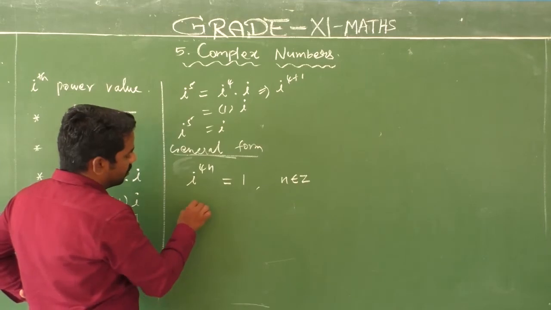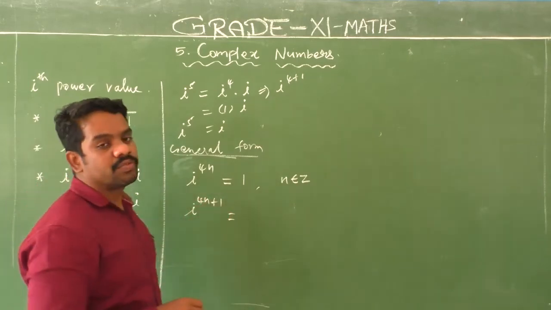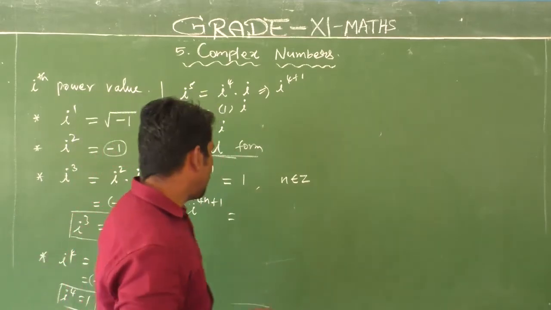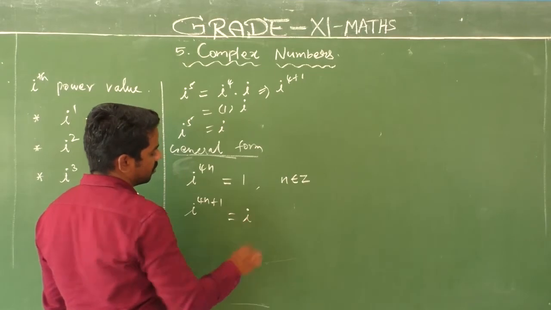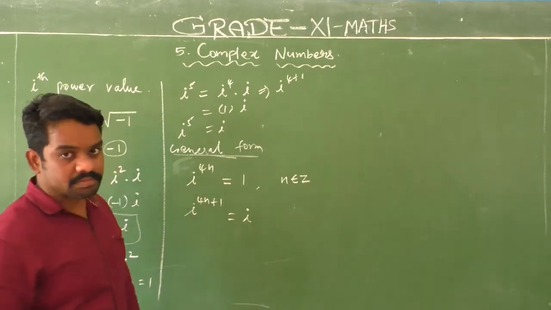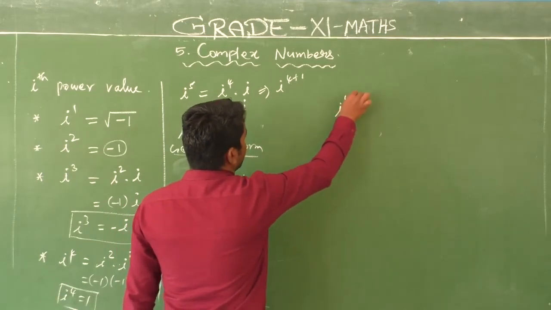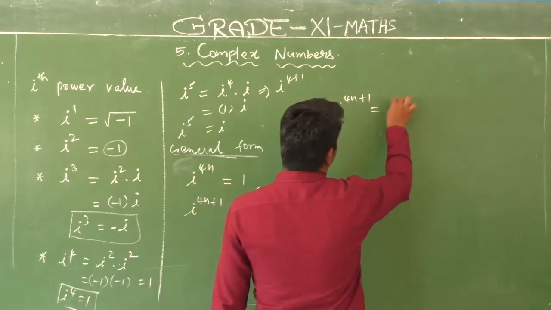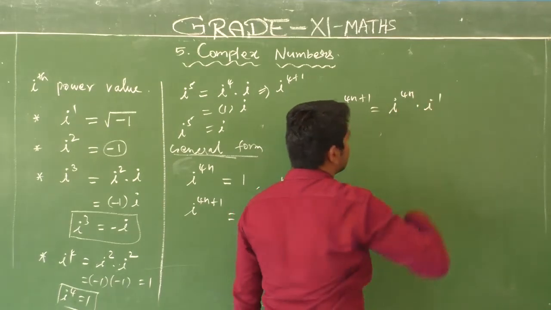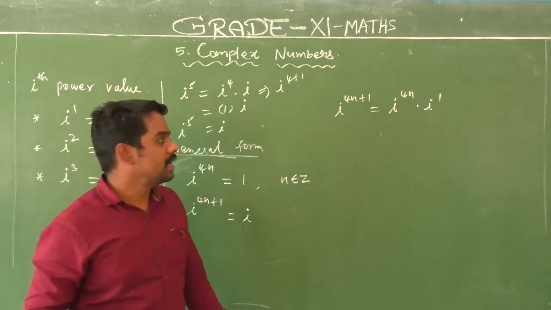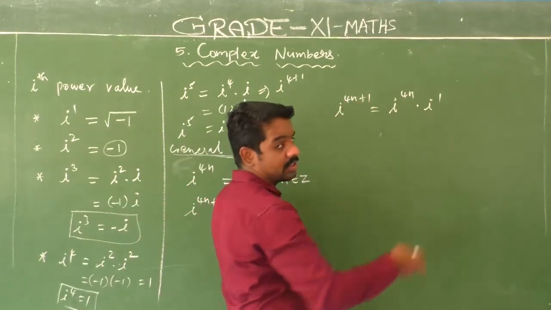Next, i power 4n plus 1. i power 4n plus 1 is equal to i. It is written as i power 4n into i power 1, that is a multiple of 4 plus 1.